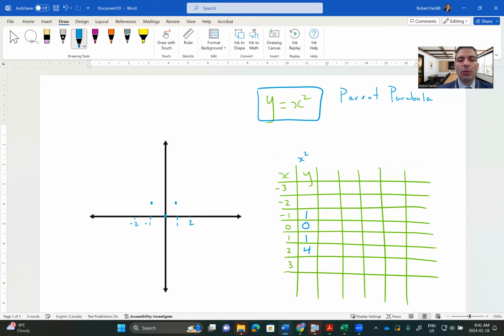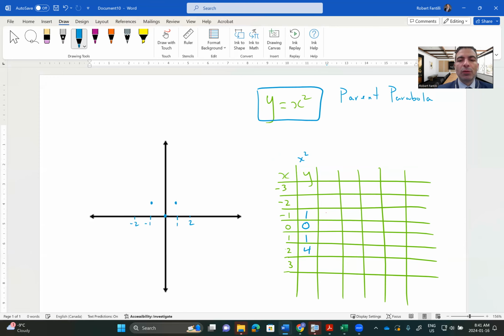And if I go to the right to +1 or to the left to -1, we said that the value ends up becoming a 3. So when I go to 1, instead of being at 1, like it was with the parent parabola, I'm now at 3. And so same thing here, I'm now at 3. And instead of when 2 squared is 4, now I'm going to be at 6.